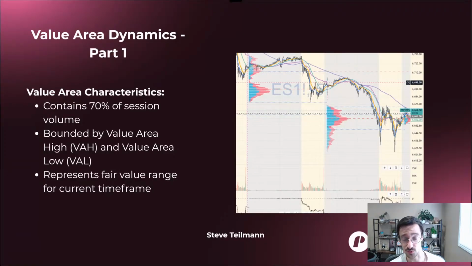So what this will look like is watching for weakness when you're above the value area high. You don't want to just immediately short it when it's above the value area, because we could be misreading and it could be finding price acceptance above the range and expanding.